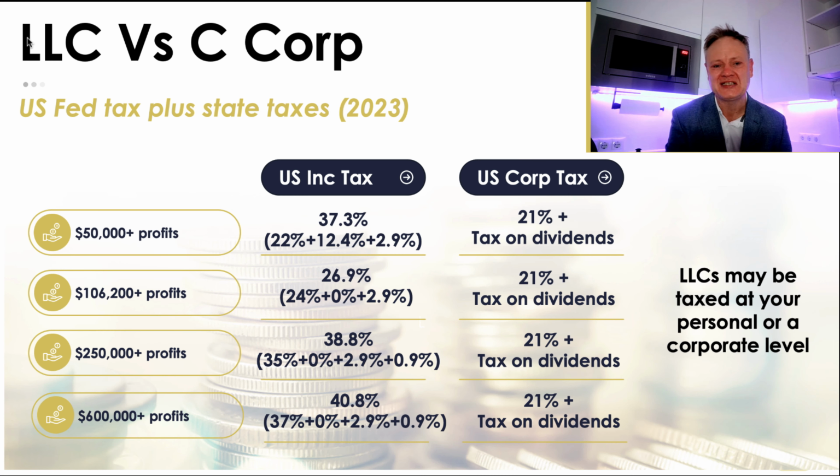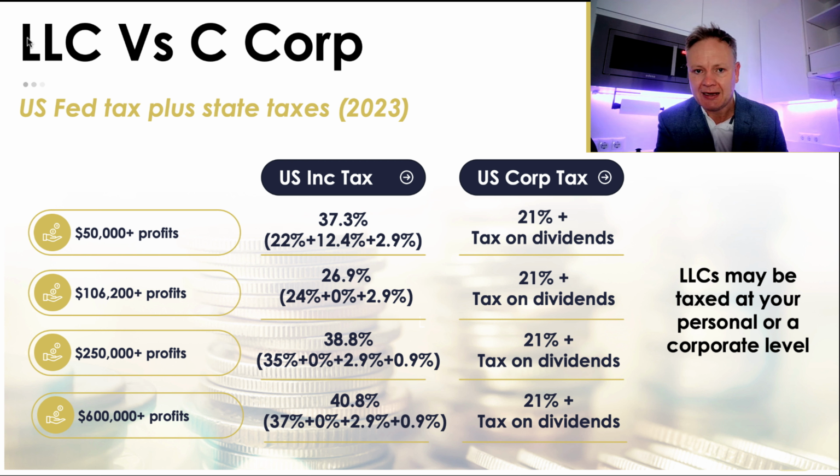Okay, so what we need to think about is the tax levels that you have. If you have an LLC, you could have it at the income tax level, as we mentioned before, or you could have it at a corporate tax level as well. Now, what we're going to look at is profits of 50,000, where you're going to be taxed the most. And straight away, you can see 37.3% if you're taxed at the income tax level for self-employed or LLC, if you're choosing that option.